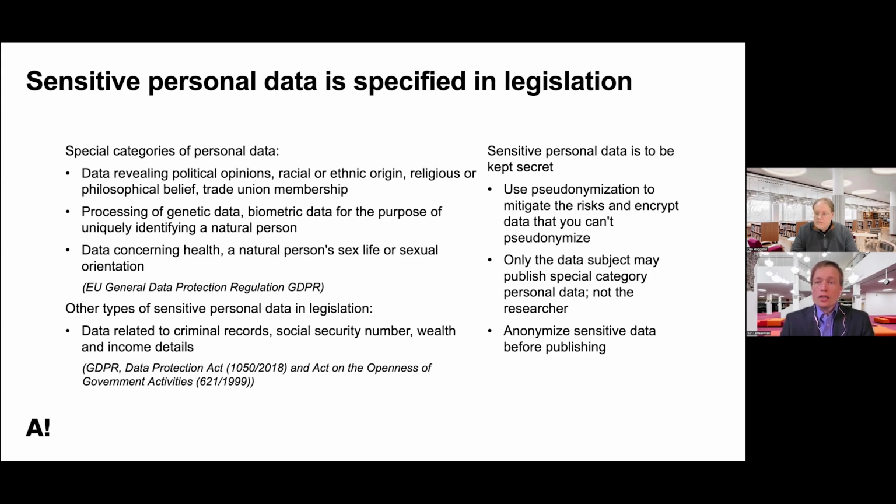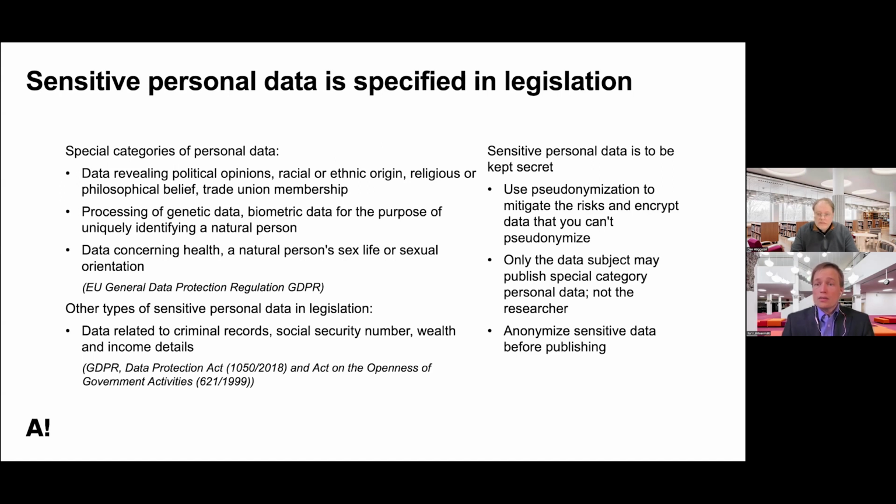The idea is that we keep sensitive personal data as secret as we can and use pseudonymization to mitigate the risks. If there's data that we can't pseudonymize, the identifiers should be encrypted. These are good strategies to keep sensitive personal data secret.